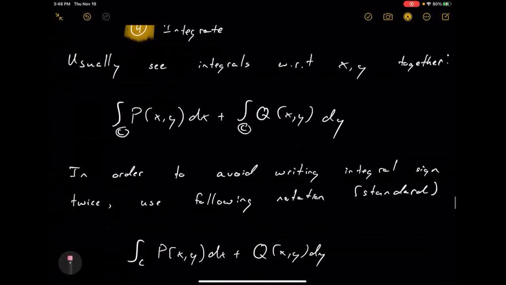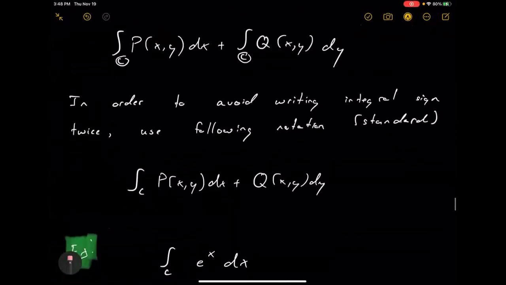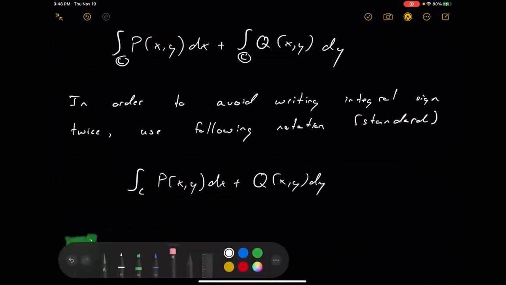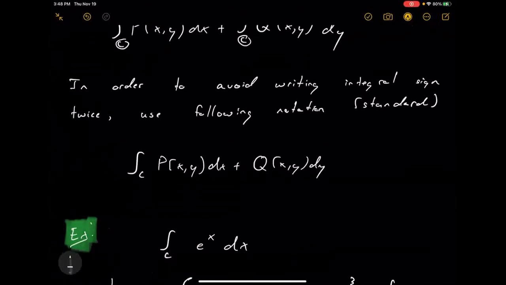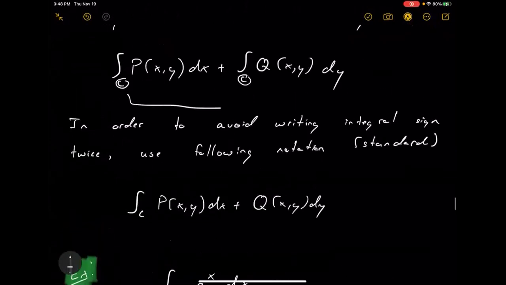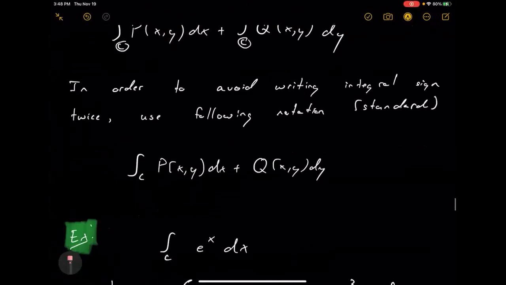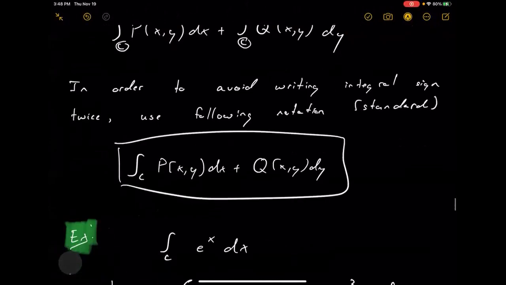There's a little shorthand, and when I say they, I don't mean the authors of this book, it's standard notation. Instead of writing the integral sign both times, which is a bit long, they write it in this more compact notation. They drop the second integral sign and just write it like this. That means they're integrating along the curve with respect to x, and then integrating this along the curve with respect to y.